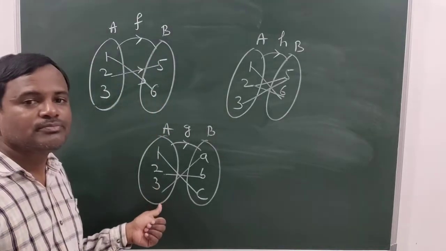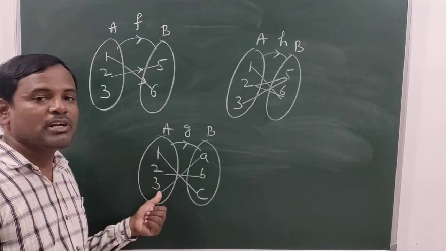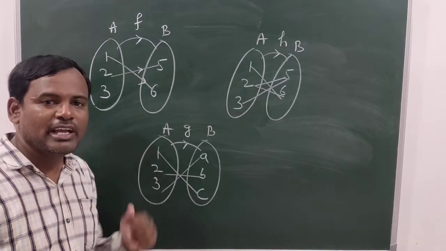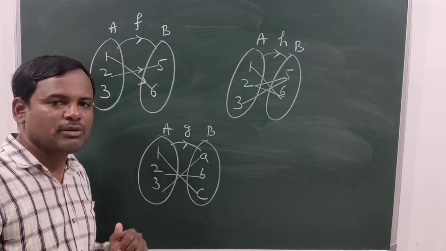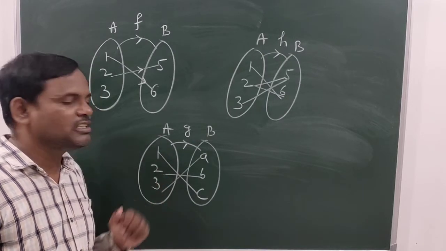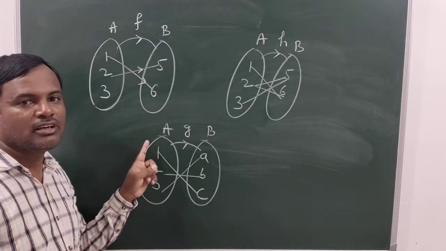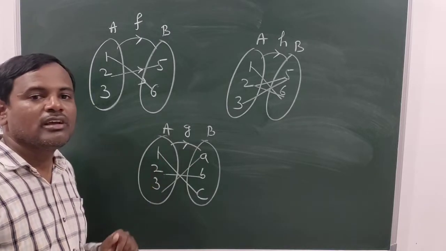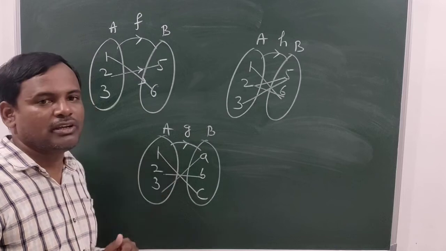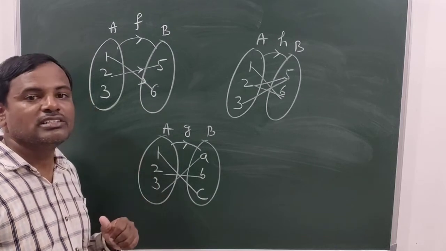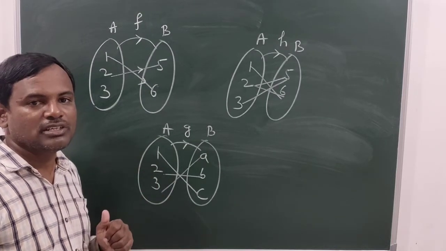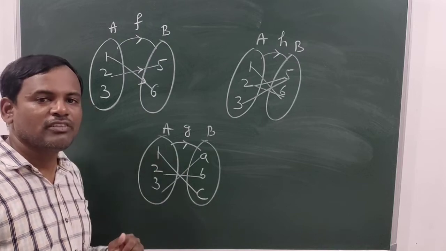Here, every element of set A has only a unique image from the set B, no element is empty, all are mapped by elements of set B, and no element has more than one image. Hence this relation represents a function.